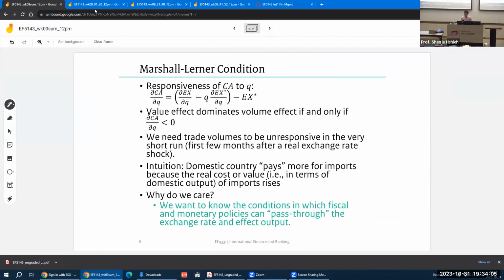All right, before we talk about this week's fixed exchange rate material, I'm going to spend some time clarifying the exchange rate pass-through condition.